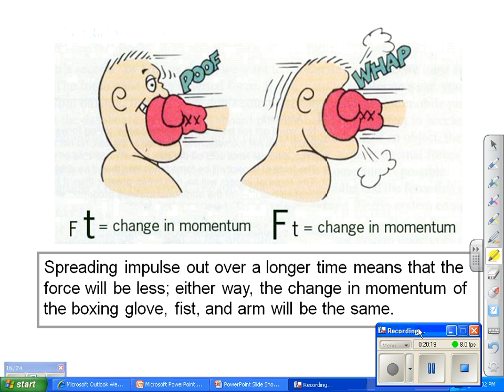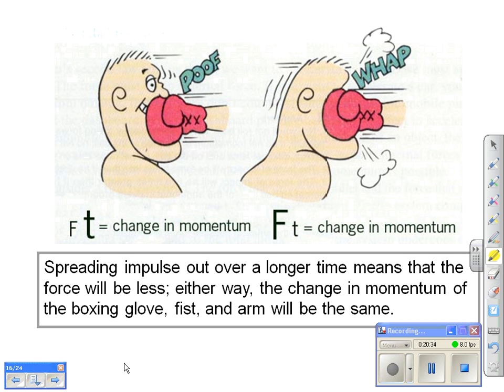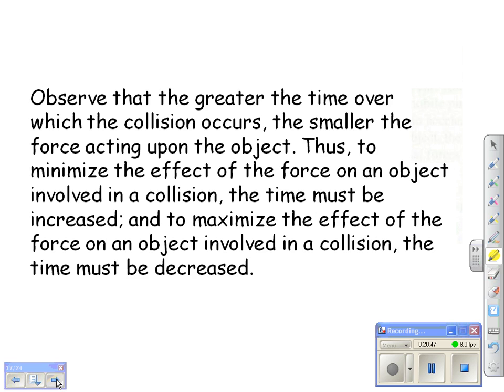So if we make the force more and we do it in the same amount of time, it's going to be harder. If we make the time longer, but the force is the same, then it's going to make the force less. So we're going to have the same change in momentum, but one of the two is going to change. More force, same time, it's going to be a harder hit. But you have the same amount of momentum.